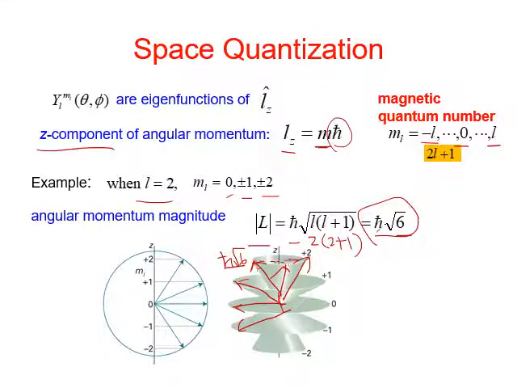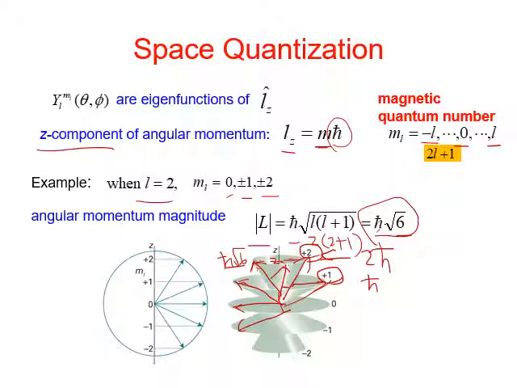Here is the z axis, and here is a positive 2. So the z component is 2 times h bar. For this second cone, the z components are all positive 1, so the z component of angular momentum is 1 times h bar.